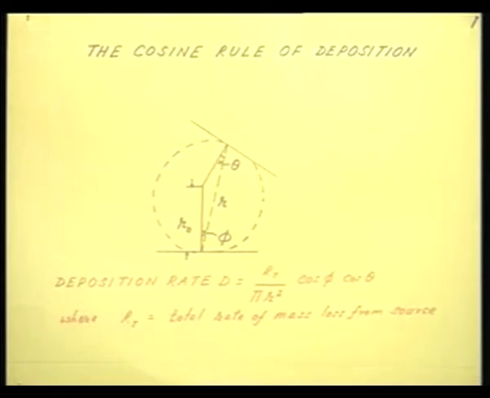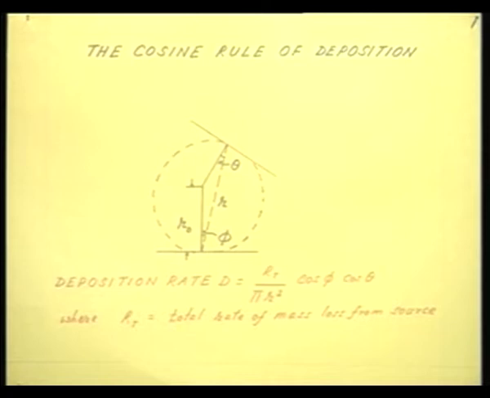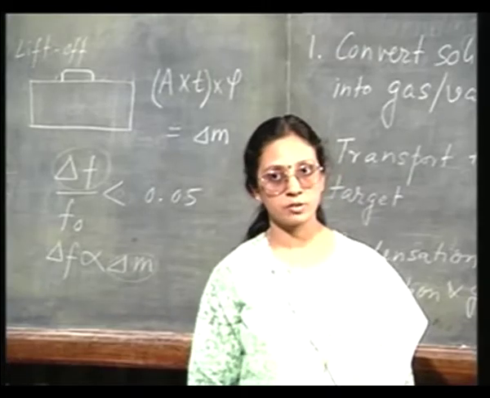So, if the deposition rate is given by this, the total material that is deposited will be given by multiplying both sides by the time of evaporation. R_T is the total rate of mass loss from source, therefore, R_T into t will be the total mass loss from the source, delta m, which I have already measured by using the thickness monitor. Delta m is the mass of the material that is deposited.